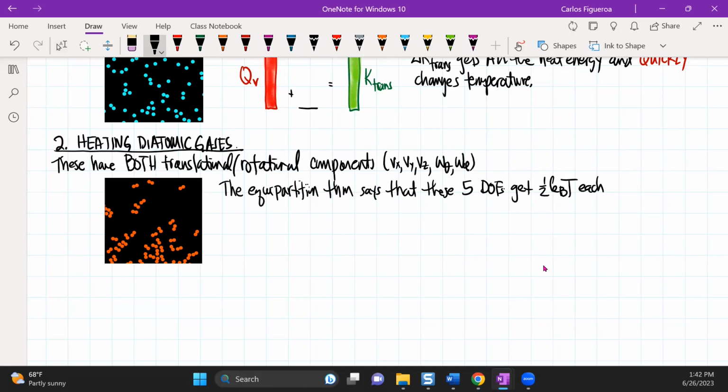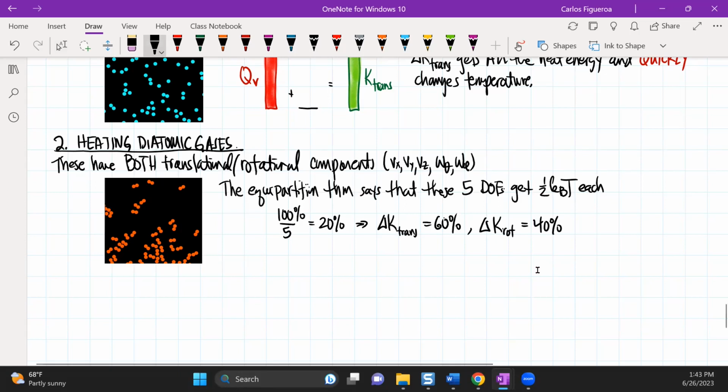So let's look at this thing here. That means if I have 100% of the energy of the heat and I have 5 degrees of freedom, each degree of freedom gets 20%. So the change in translational kinetic energy, since it has 3, gets 60% of the energy, whereas the rotational kinetic energy, there's only 2, gets 40%.